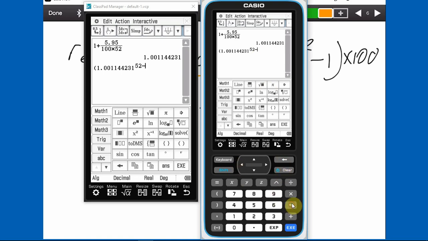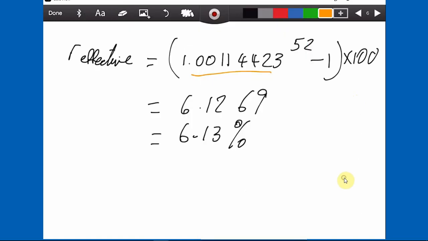If I didn't, it would be up there with that 52. That's why I put my pointer right out here when I clicked. Minus 1, close the brackets, times 100, EXE, there we go. That little bit of calculator know-how can save us some time. So there's A, and that's what we're interested in.